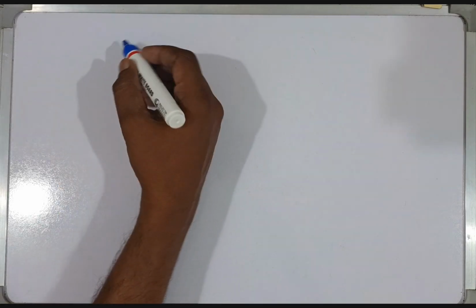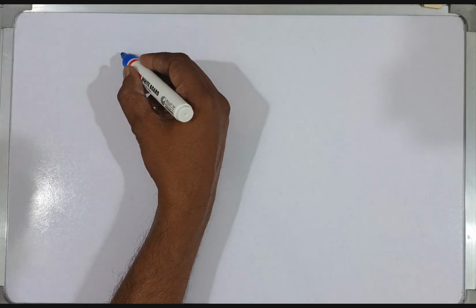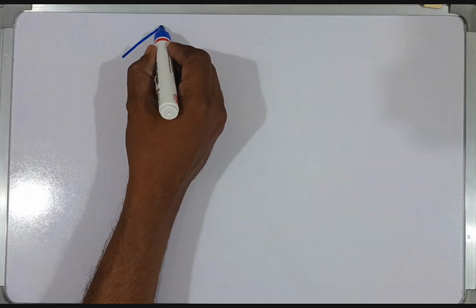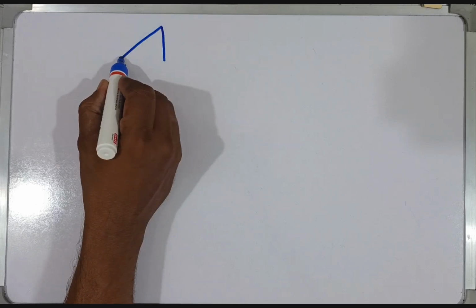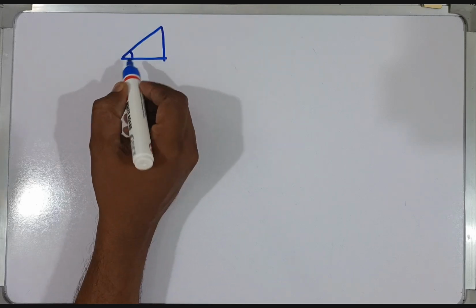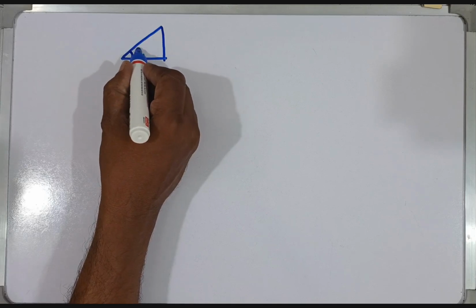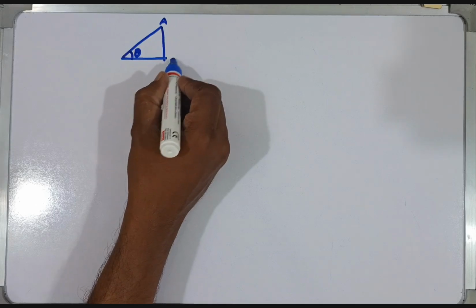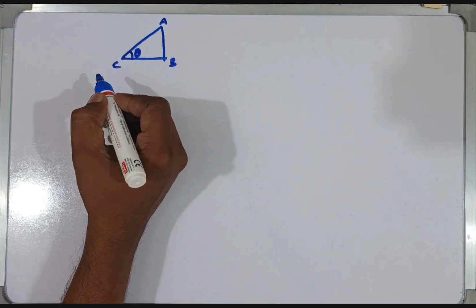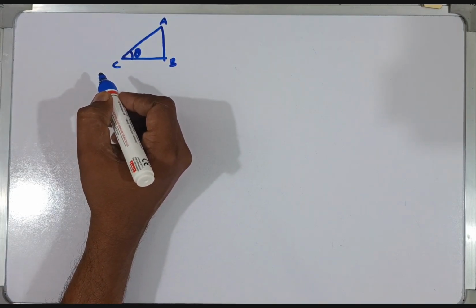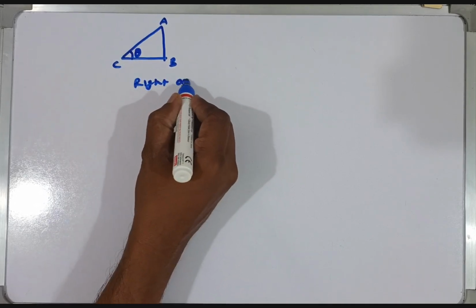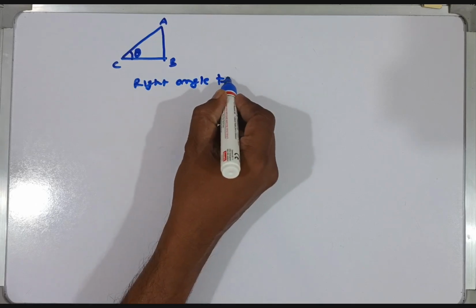trigonometry. First of all, this one is a right angle triangle where theta is an angle, and A, B, C are the vertices of this right angle triangle.